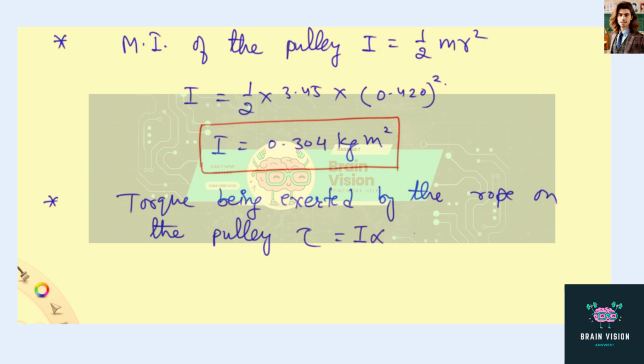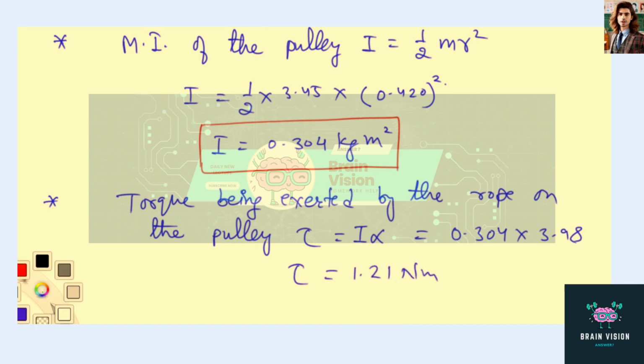Tau is equal to I alpha. For I, this is 0.304, which we have found in the first part. Alpha was given to us as 3.98. So this torque comes out to be equal to 1.21 Newton meter. It becomes the second answer for this problem.